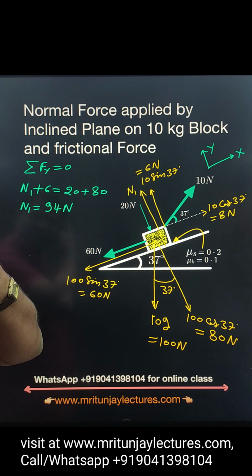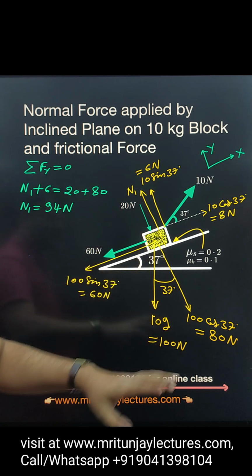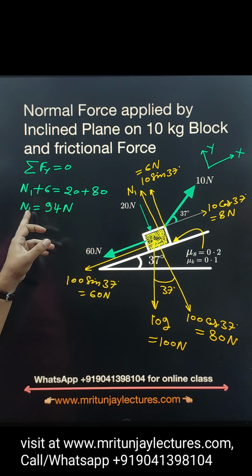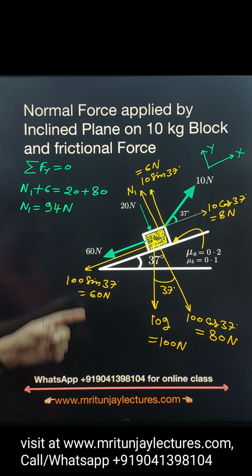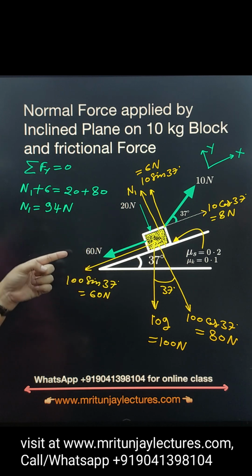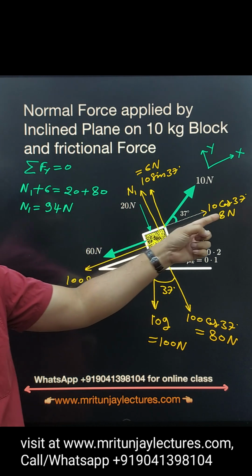N1 plus 6 is equal to 20 plus 80, so N1 is 94 Newton. After that, look here, the total force in this direction is 60 plus 60, 120, and here 8.